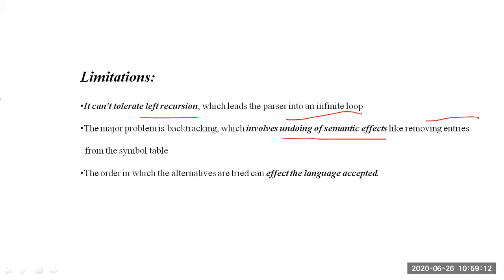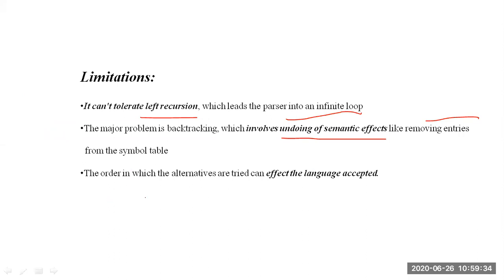Why? Because sometimes we go one step back, sometimes two steps back, sometimes three steps back. While doing that undoing, sometimes we miss. That is the second drawback of backtracking.